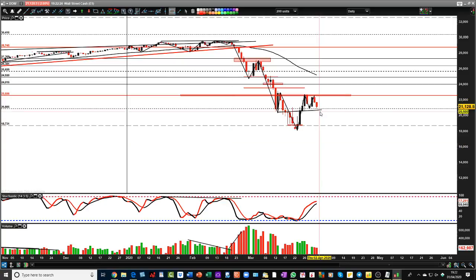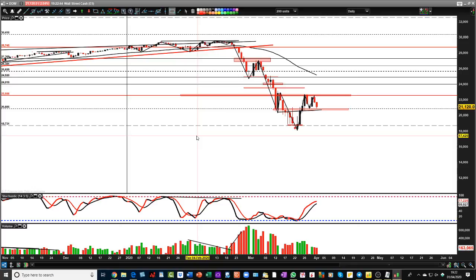So as we come into non-farm payroll on Friday, the Dow has got to hold this. It could come into that, maybe dip lower, but if it comes back and holds that, then that's bullish for a push back into 22.5 and back to 24, 25,000.